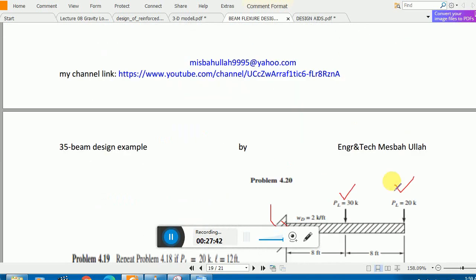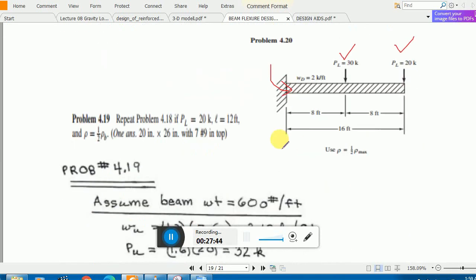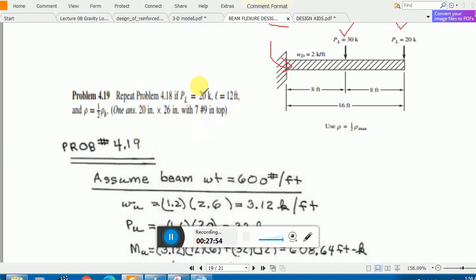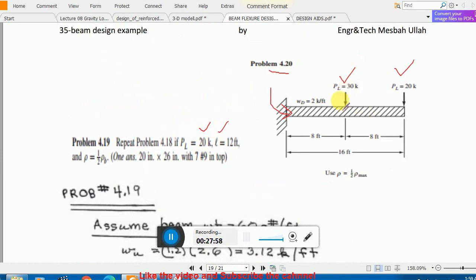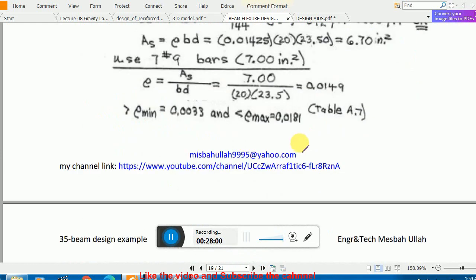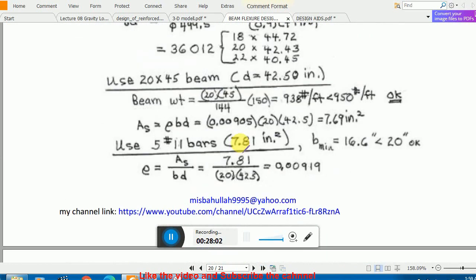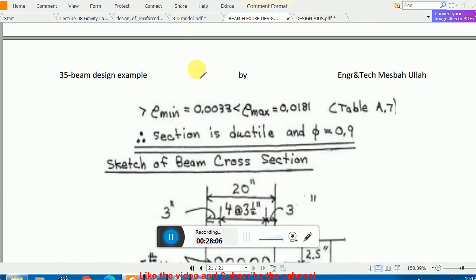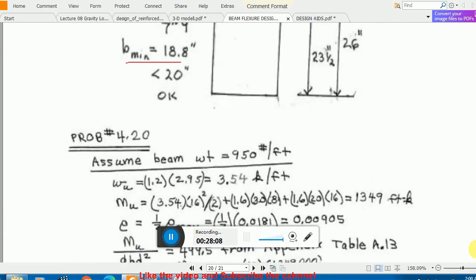This is the same question, but this is 4.20. Sorry, this is problem 418. This one is problem 414, but they changed the live load and length. And this is question number 420, which is this one. So this is a home assignment for you people, do the exercise on it.